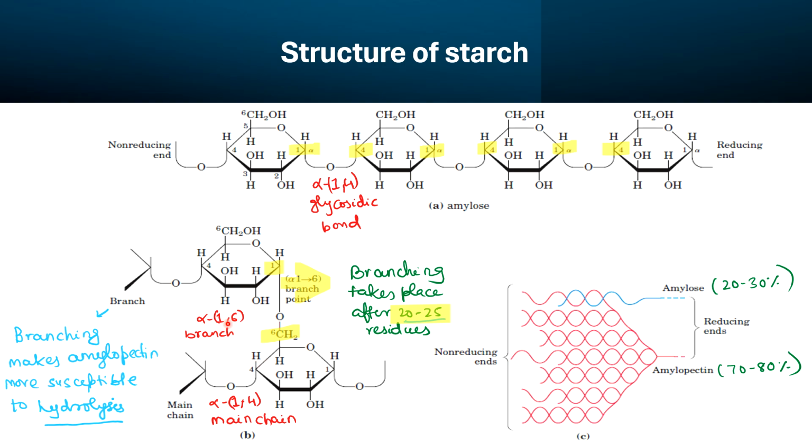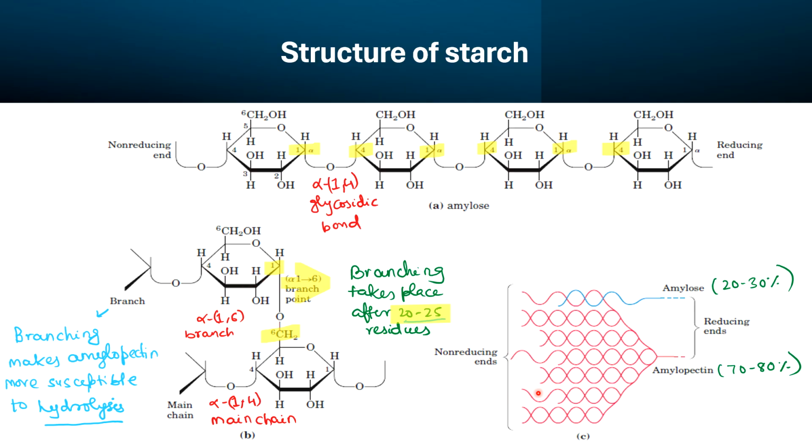Okay, now what is the benefit of this branching? Now see, if branching is there, then at multiple points hydrolysis of the sugar residues can take place.